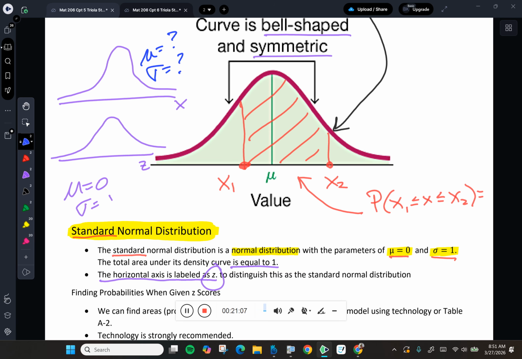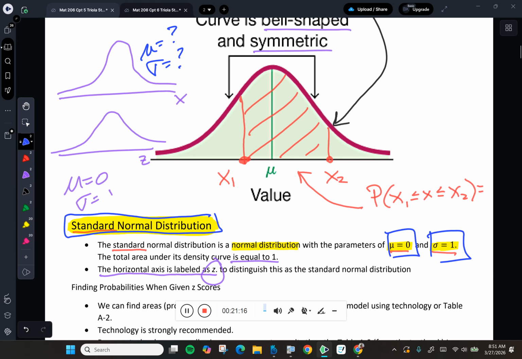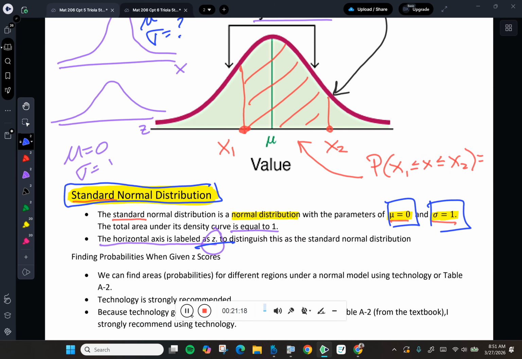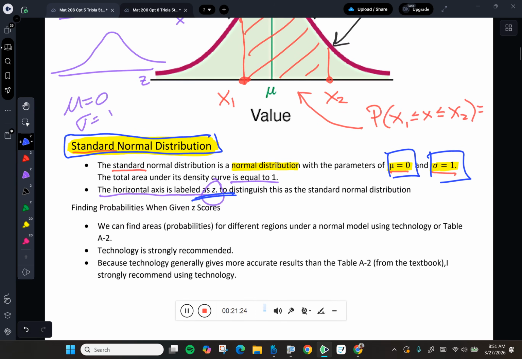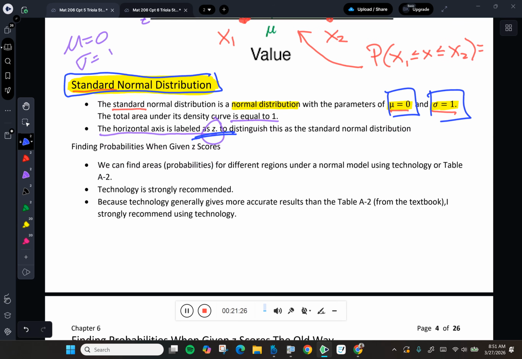So we're going to start by looking at a special case, the standard normal distribution, which has a mean of 0 and a standard deviation of 1. We label the horizontal axis as a z to make the world know this is what we're dealing with here. We're going to find areas and the associated probabilities using either technology or a table.